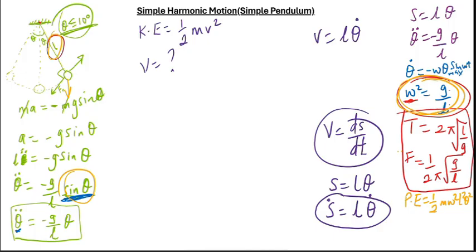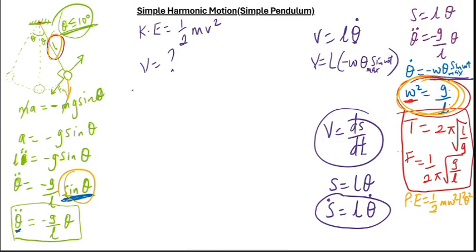Since our theta is this, I can say that my V, which is my velocity, equals L multiplying minus omega theta max sine omega t.